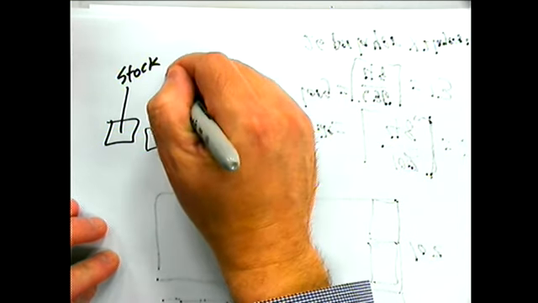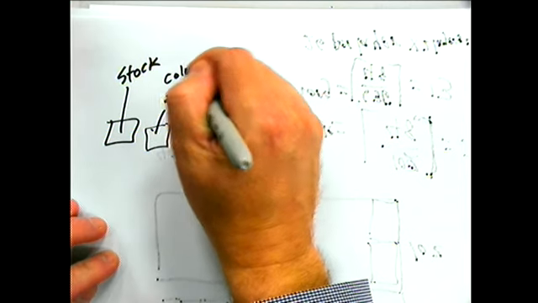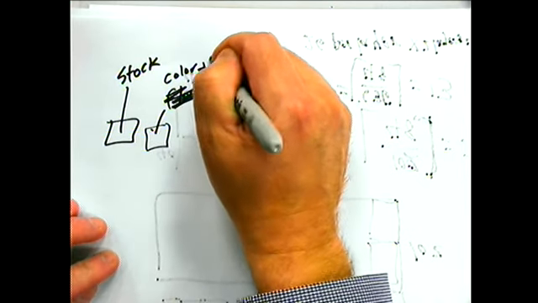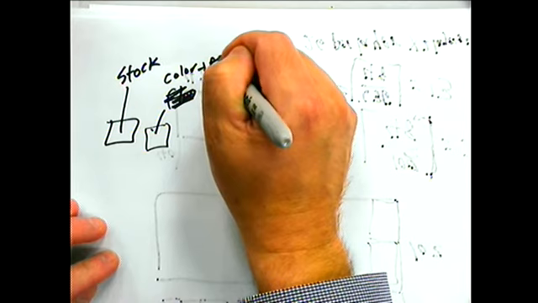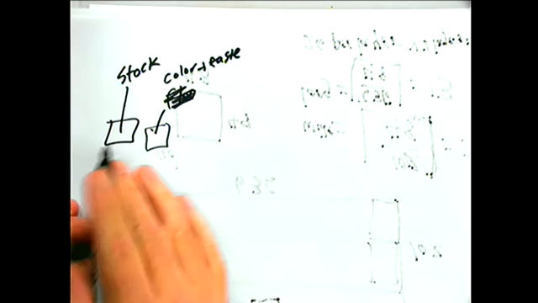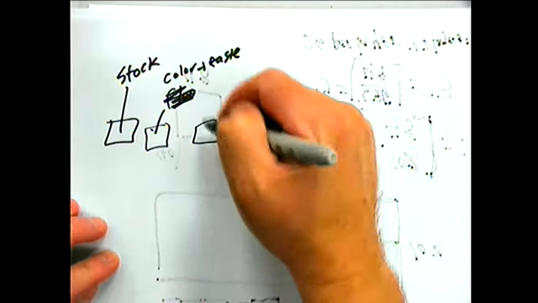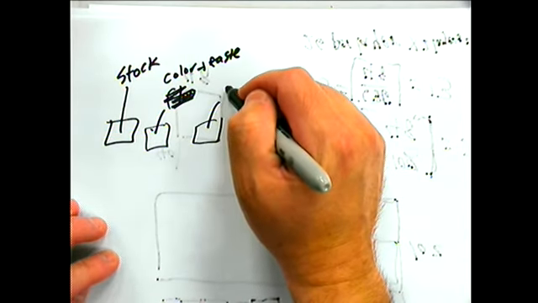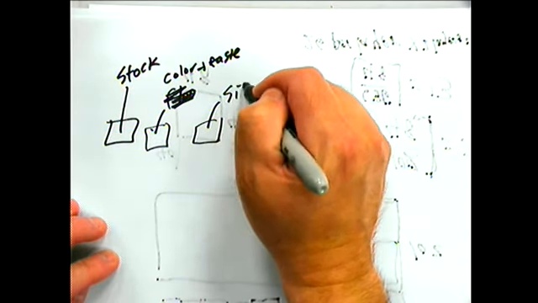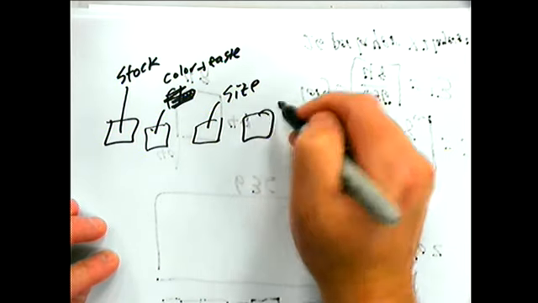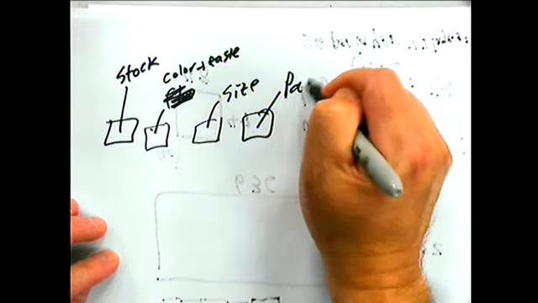You add color and flavor, taste. Okay? So we have stock, color, flavor, taste. And then you put it in a tube, right? So you have size. And then you put that tube in a package.